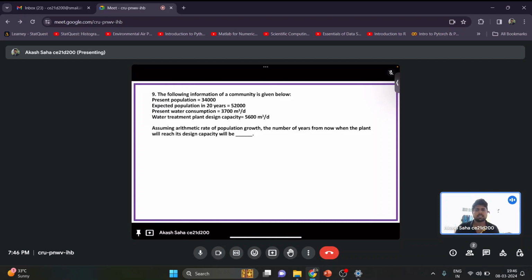Okay, so the present and the projected population are given. So we have to find in how many years the community will reach the design capacity. It's a simple problem, just try to understand it.